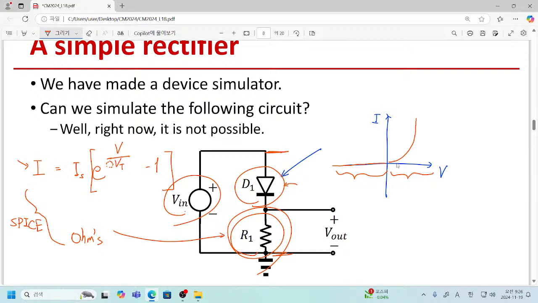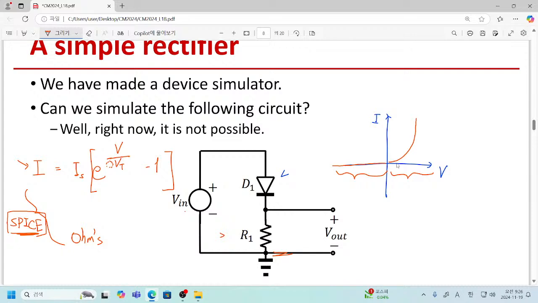Then it can calculate their behaviors. So usually people think that this is the field of SPICE. However, what we wanted to do today is, okay, here we have three different circuit elements, and here we have a voltage source and resistor.